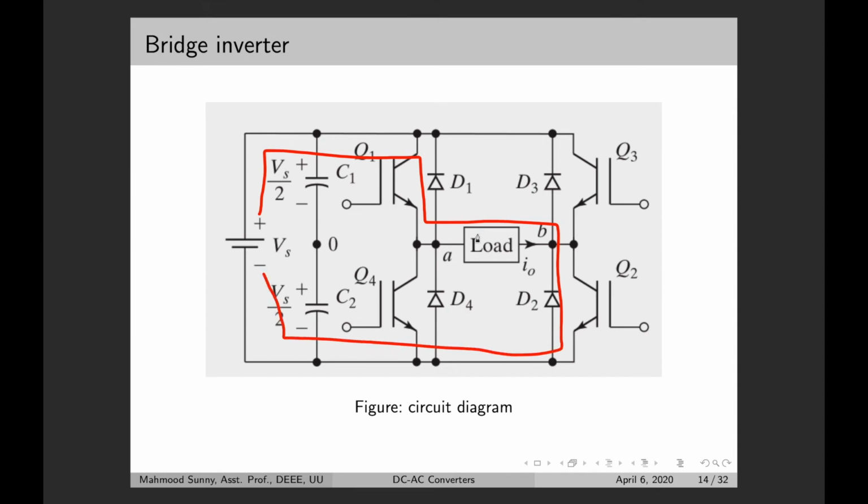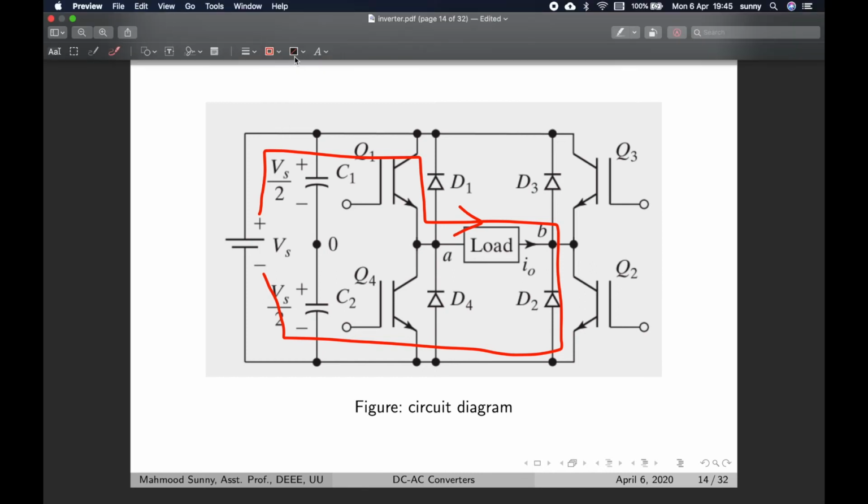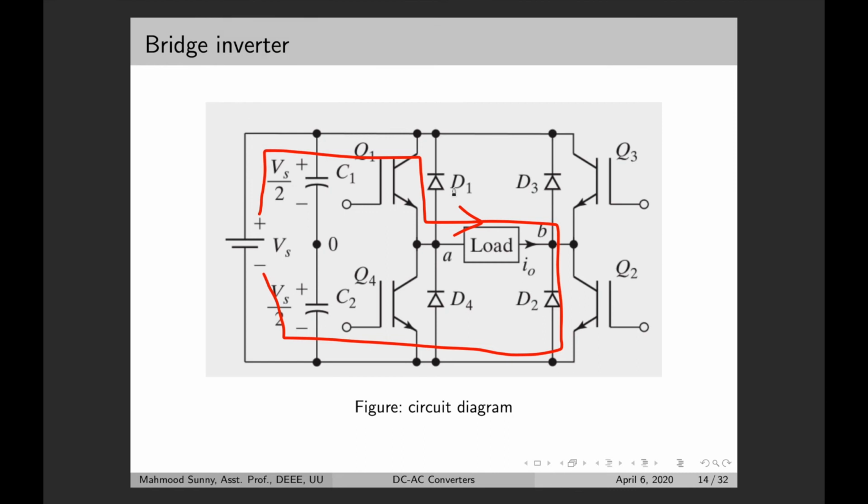Back to the source. So we can see that our load terminal, output terminal, is here. So this is terminal A, this is terminal B. So we have the direction of the current like this. Now let's see what happens when we turn on Q3 and Q4. When we turn on these 2 switches, Q3 and Q4, the current goes like this.